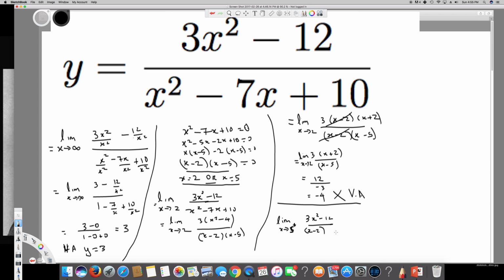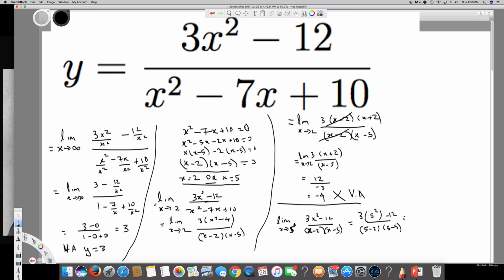I am writing the factored form. We can directly plug the values and check. 3 times 5 square minus 12 over 5 minus 2 and 5 minus 5.